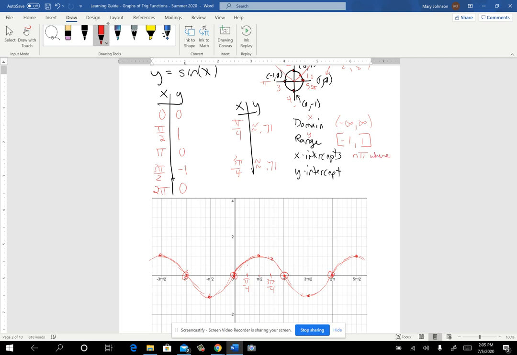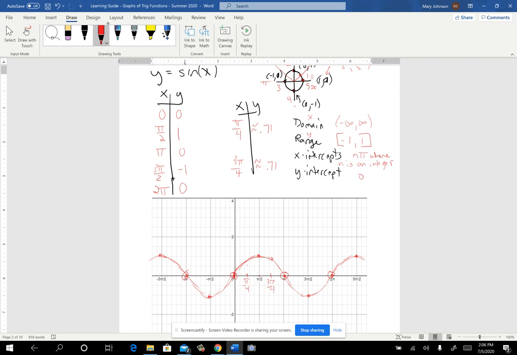I won't say this on every one, but let's just make that agreement. N is going to be an integer. So the x-intercepts happen at n pi, at 0 pi, 1 pi, 2 pi, -1 pi, -2 pi. You're going to have an x-intercept. Right? And then notice the y-intercept happens right there at 0.